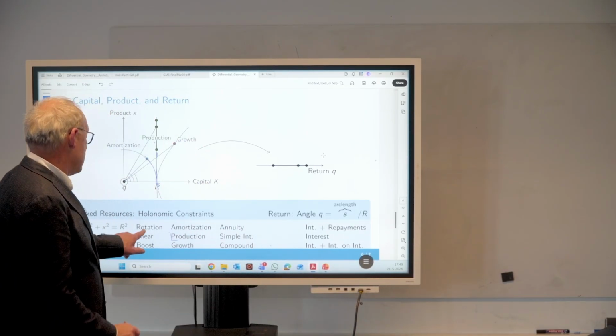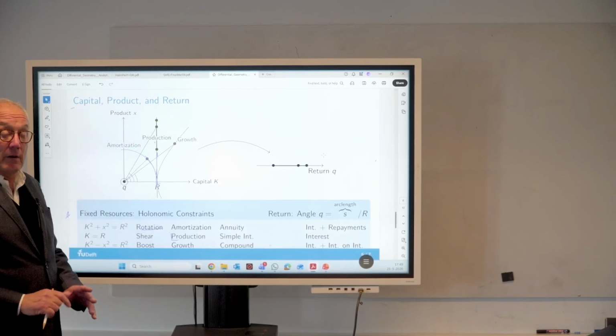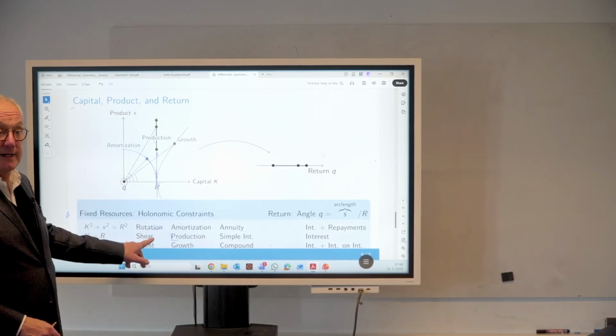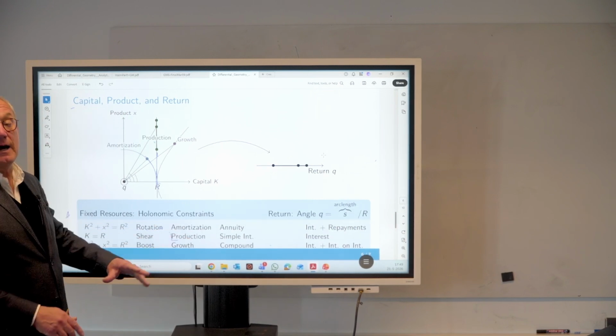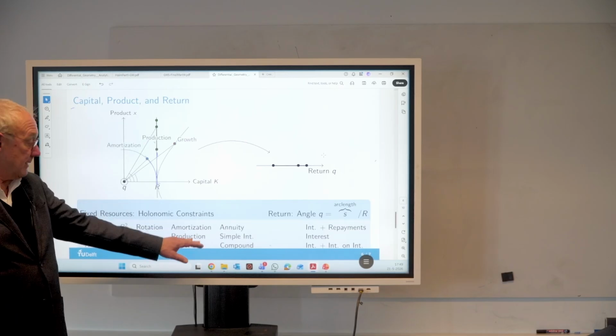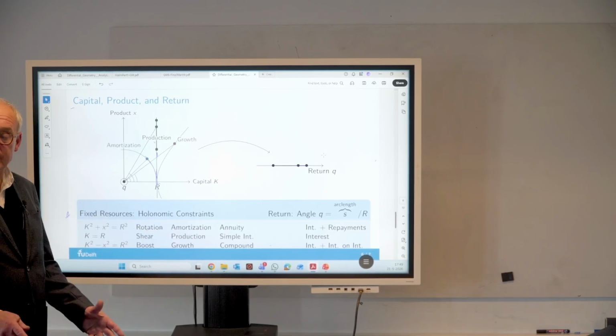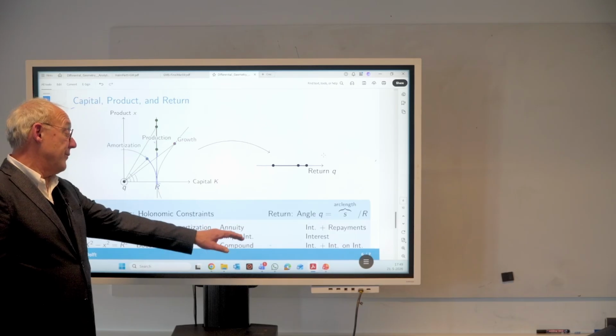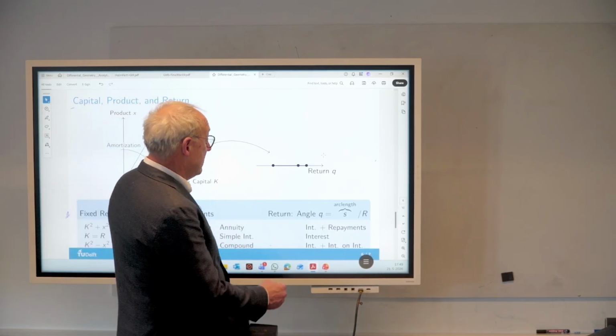All right, so this is a rotation, right? So paying off your loan, your annuity, you're just rotating. And rotation is our geometric description of amortizing. So rotation is an amortization, and you do that for an annuity. And what you do is 2 types of payments.